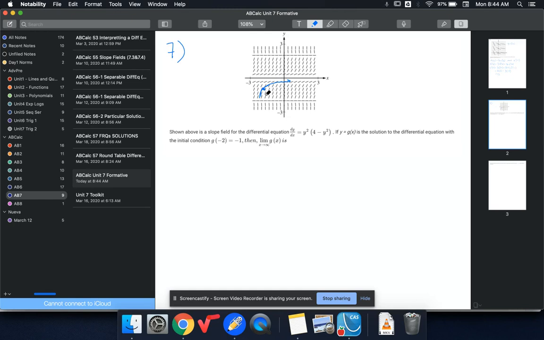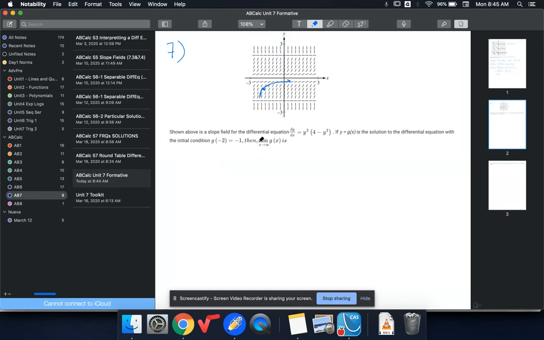And that's what it's looking like to me. Curves this direction seem like they're going that way. And then we also can see that we have a flat slope here.